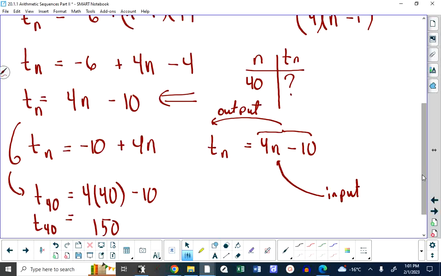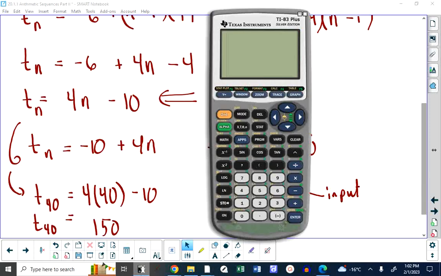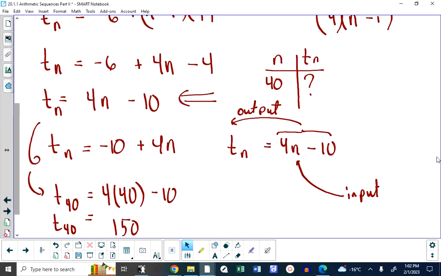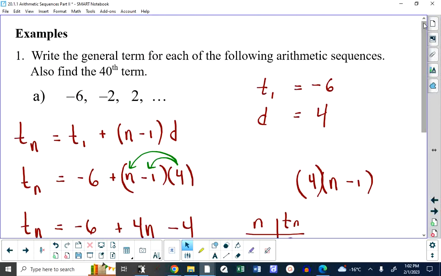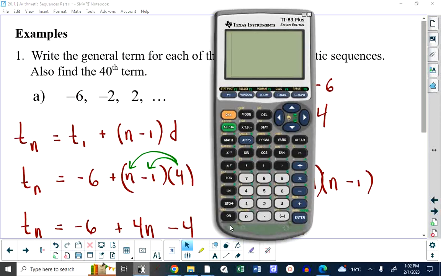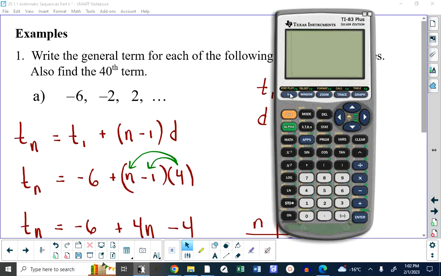And I want to show you something. And anytime I show my Math 20 students or 30 students this kind of thing on the calculator, I have to preface it by saying, you're expected to be able to do this on paper. Okay? But grab your calculator and go to y equals.